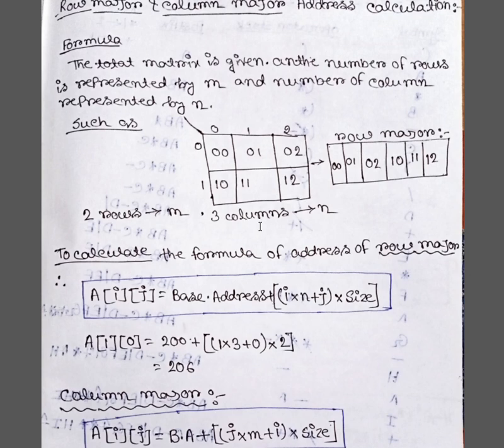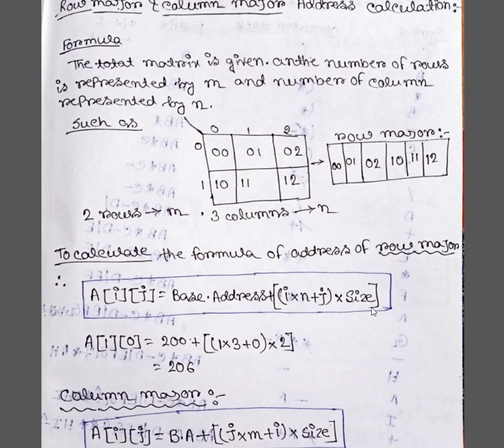For this case, suppose the base address is 200, and I into n. I will also be given to you. I is 1 here. I into n, n is the number of columns, plus j. J will also be given to you.